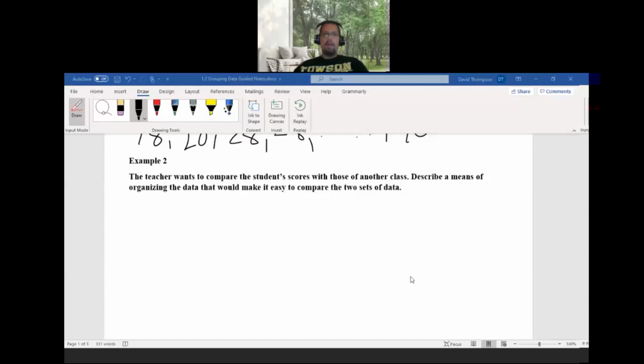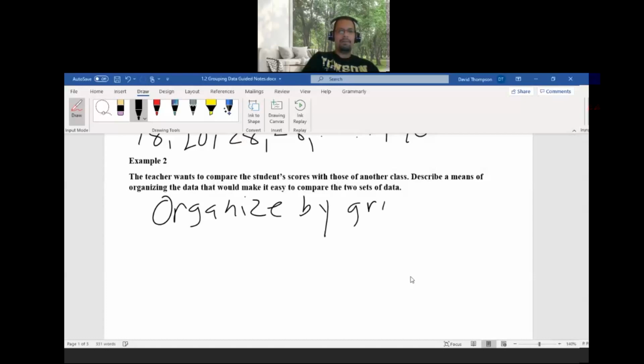The teacher wants to compare student scores with those of another class. Describe a means of organizing the data that would make it easy to compare the two sets of data. To do this, what we want to do is organize the data by groups.